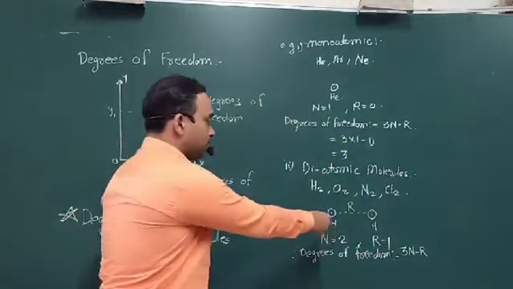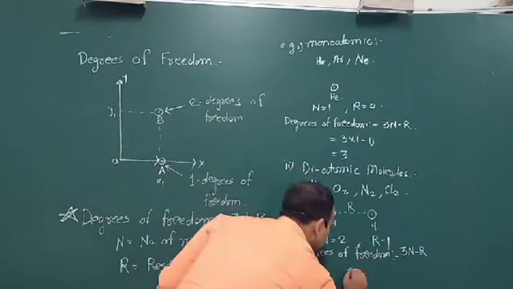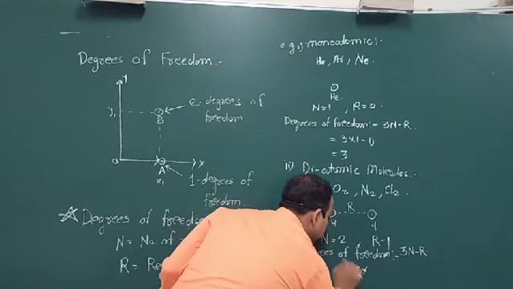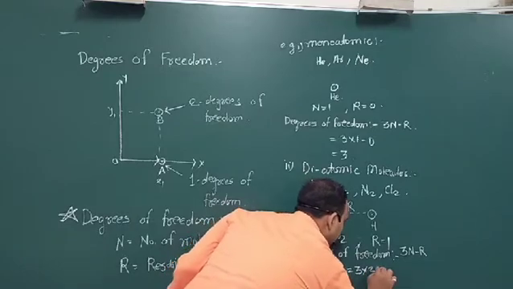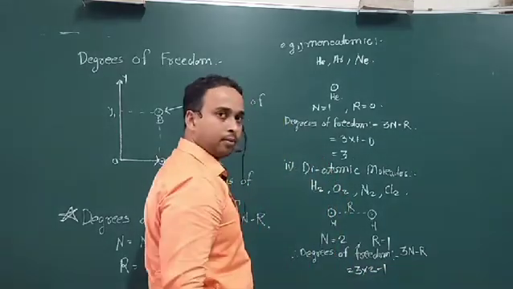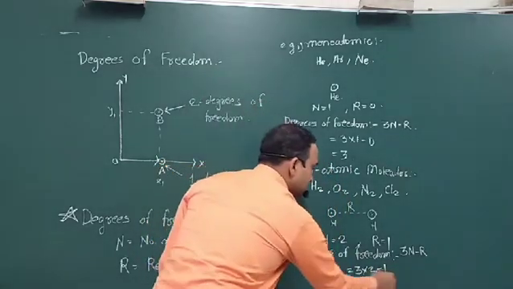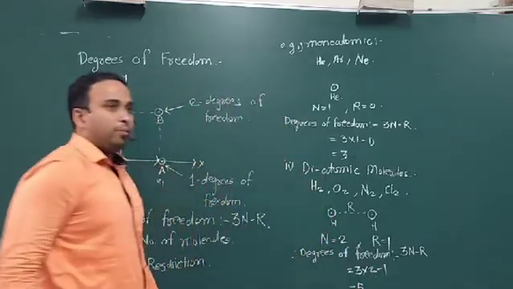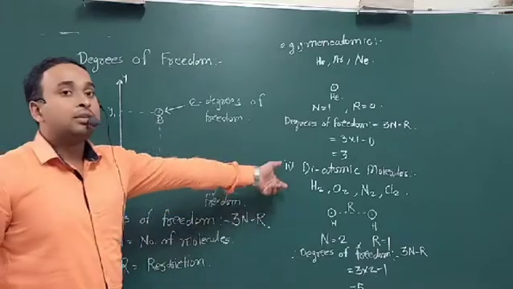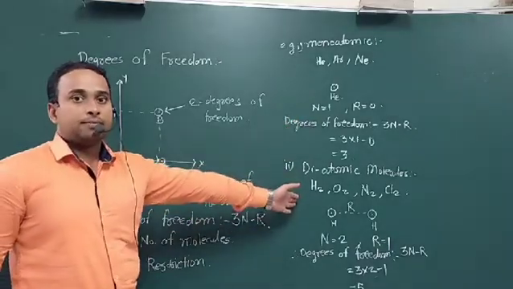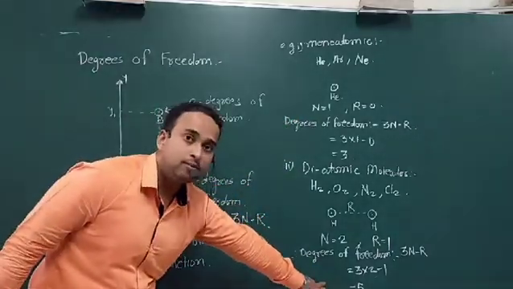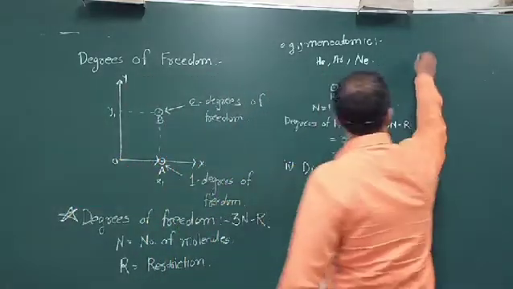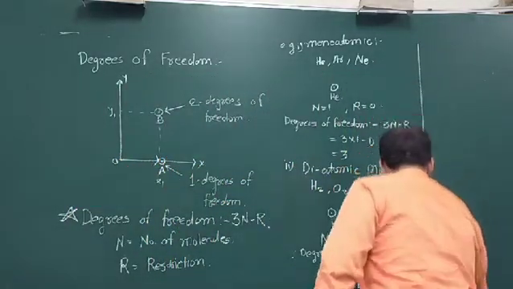Substituting the values of n and r, we get 3 into 2 minus 1, that is 6 minus 1. So the diatomic molecule has 5 degrees of freedom.